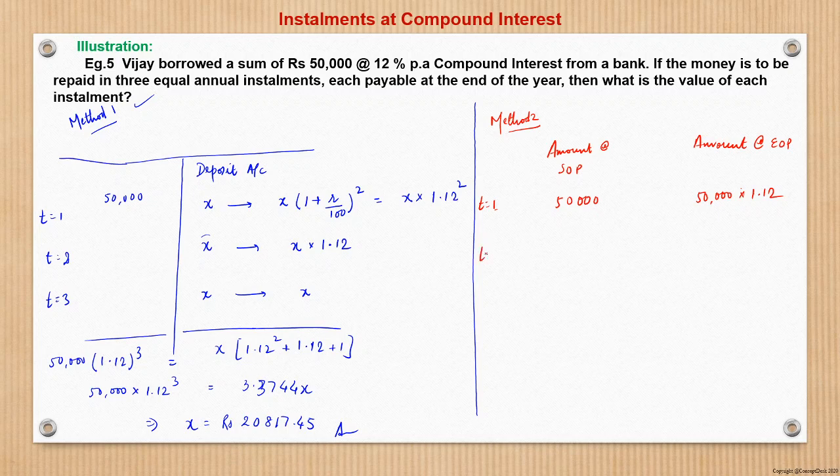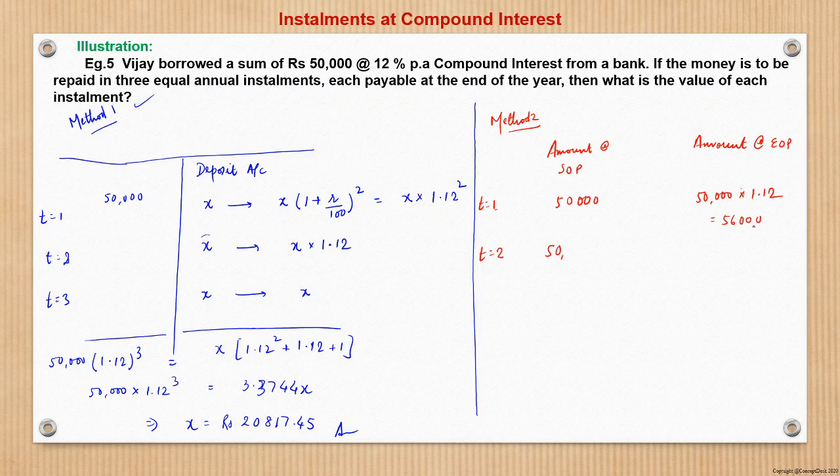Now see, during the second year, at the end of the first year x amount is being deposited, so the principal gets reduced by that amount. So 50,000 into 1.12 is equal to 56,000, right?